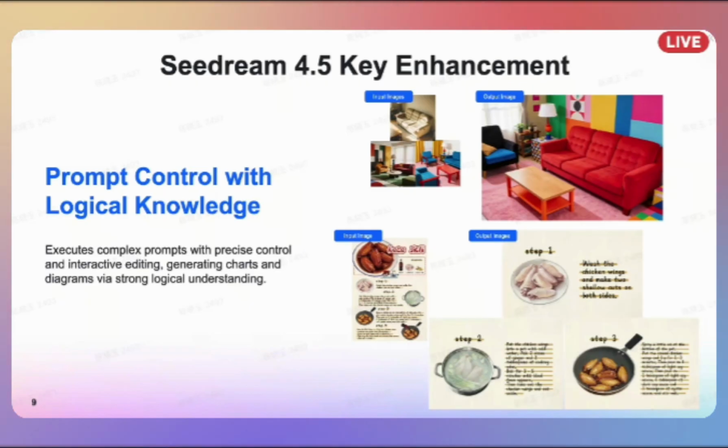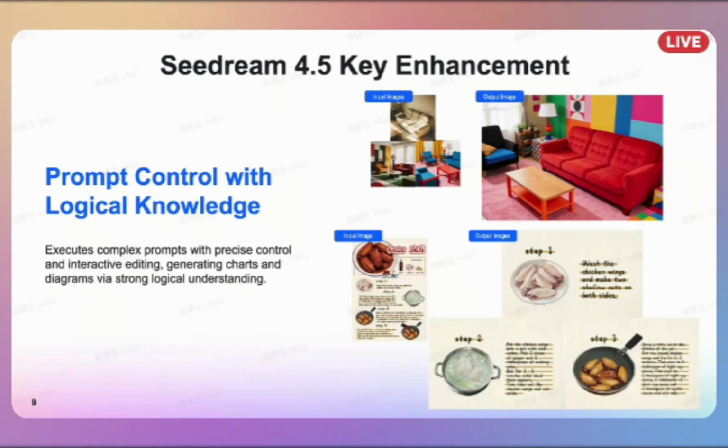It's not just an image generation model, it also comes with its own thinking process, and it can help you expand your prompt and turn it into an image that provides more information.